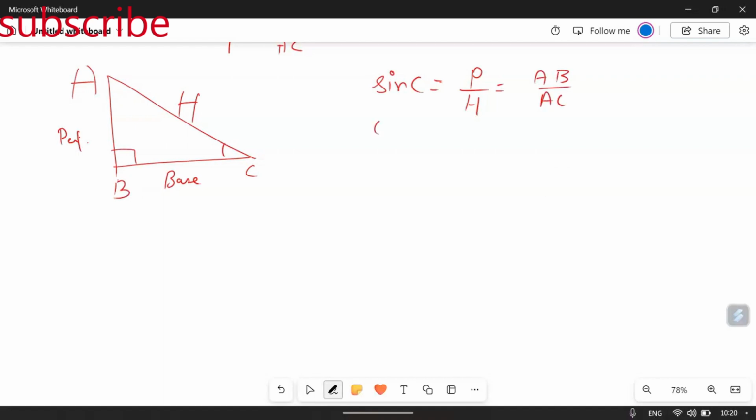The task is you have to find cos C, tan C, cosec C, sec C, and cot C. You have to find them by yourself looking at the triangle. You know which one is base, which one is perpendicular.